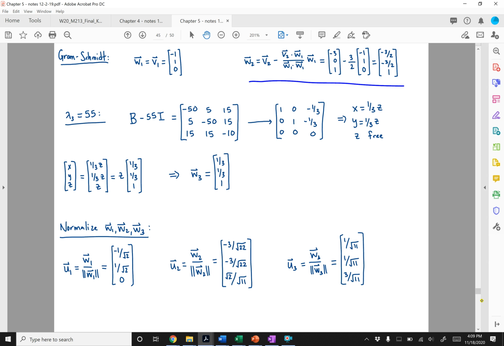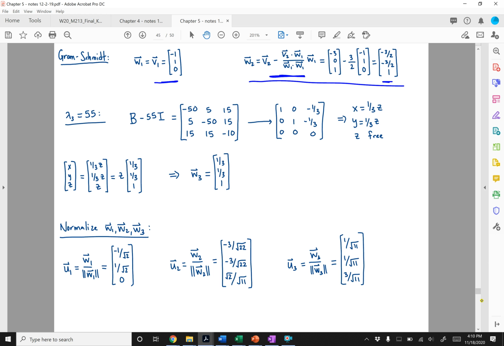Okay, so V1 is fine. We can keep that one. And then we're going to use the other one to take the piece of it that's orthogonal to -1, 1, 0. And that's what the Gram-Schmidt does. So take the projection onto the first and subtract it from V2.